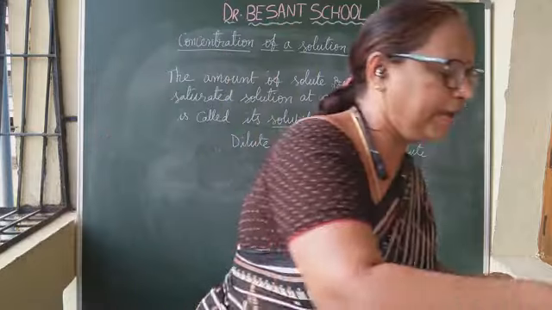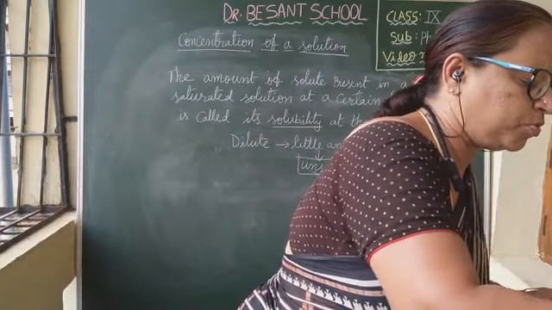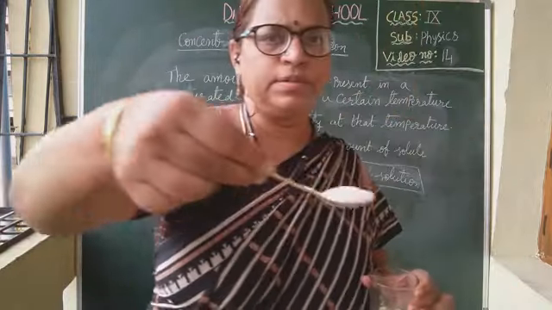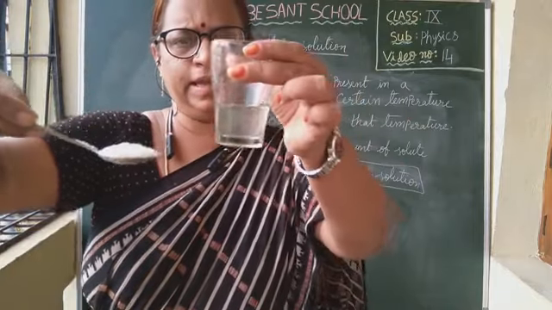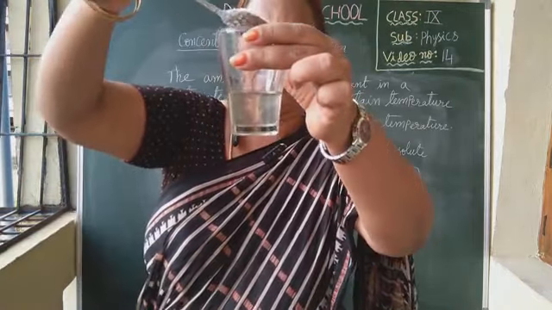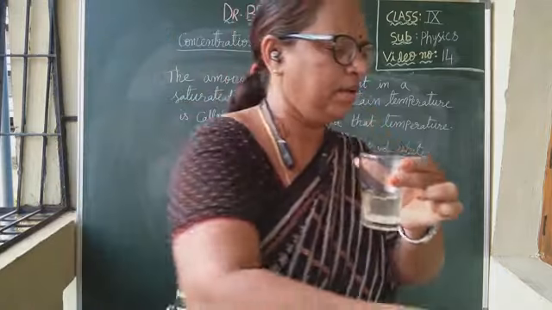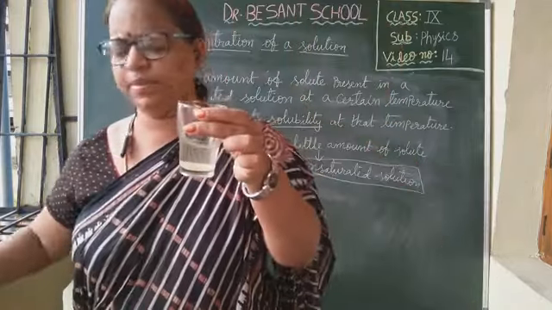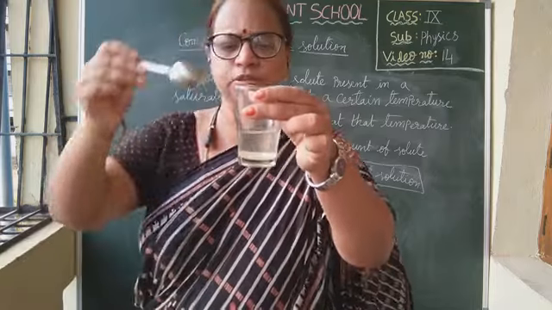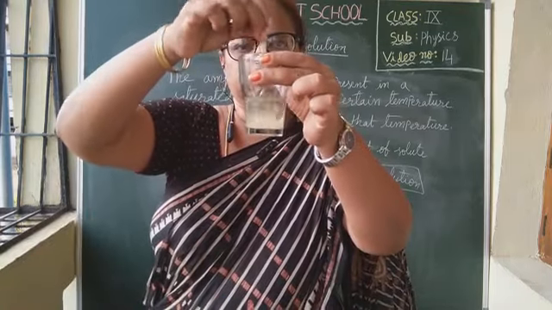Now I am taking one more spoon of sugar, another spoon of sugar, and keeping it in the water. Let me stir again for it to get dissolved.